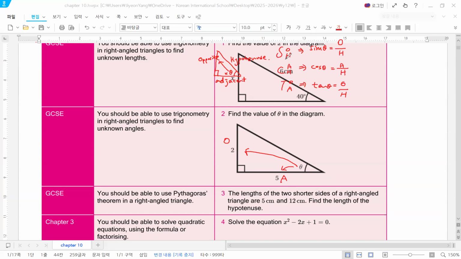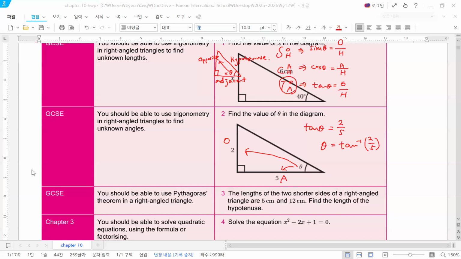It means TOA. So tangent theta equals O over A, which is 2 over 5. Therefore, by using inverse function, you can find theta as tangent inverse 2 over 5.